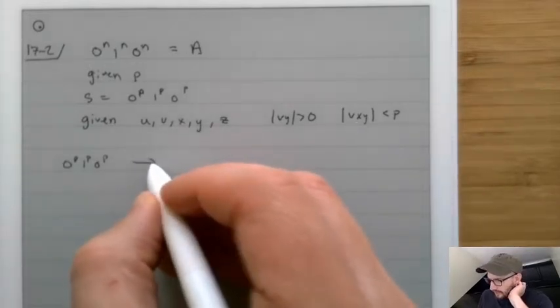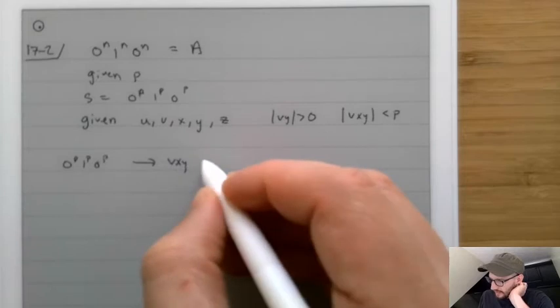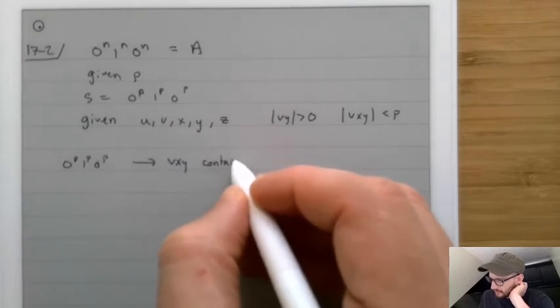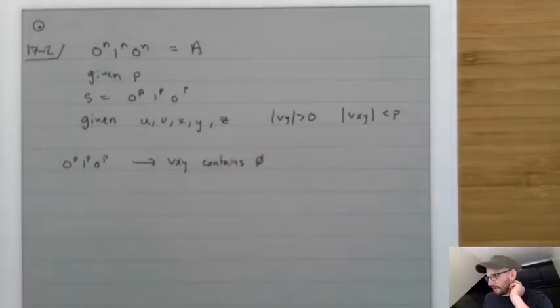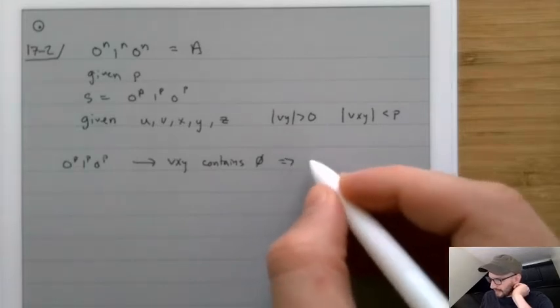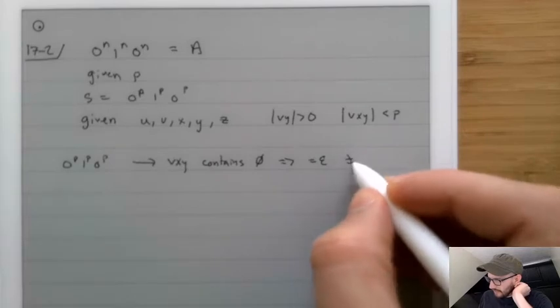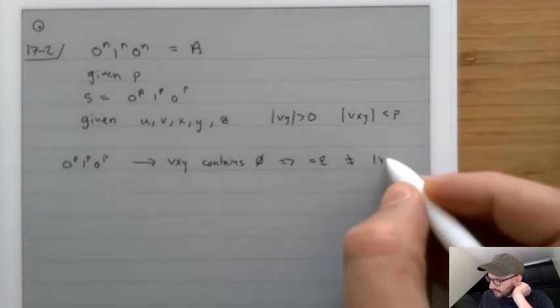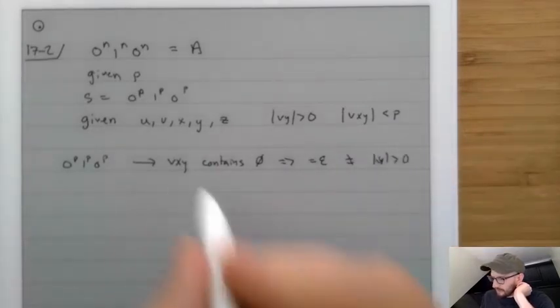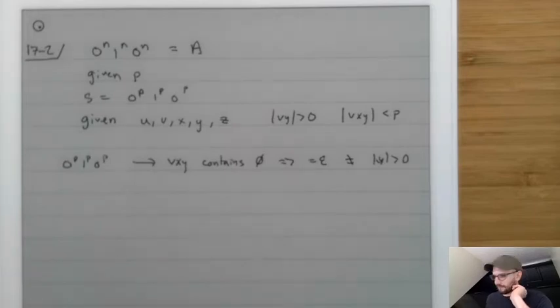So option 1 is that vxy contains 0 symbols. The only way that's possible is if it is equal to epsilon, but it can't be equal to epsilon because the length of vy is greater than 0. So it can't contain 0 symbols.